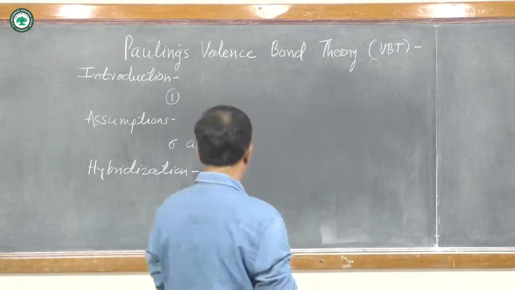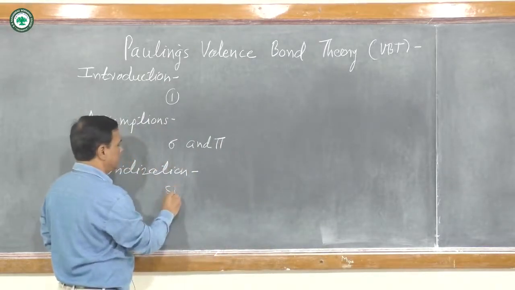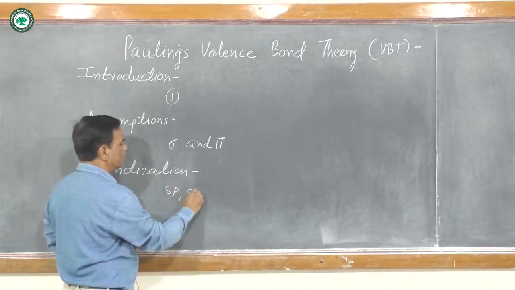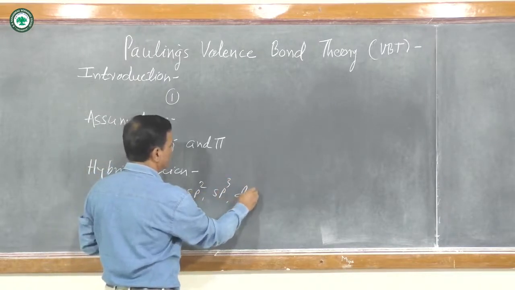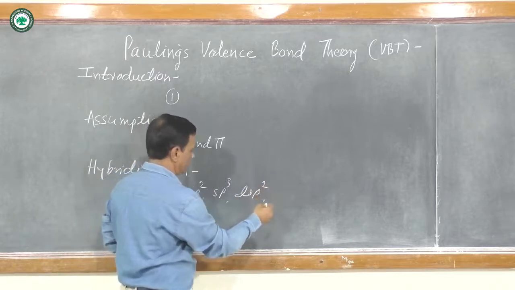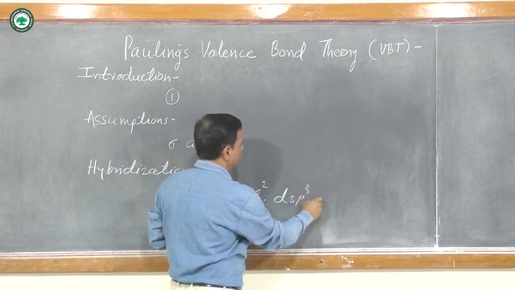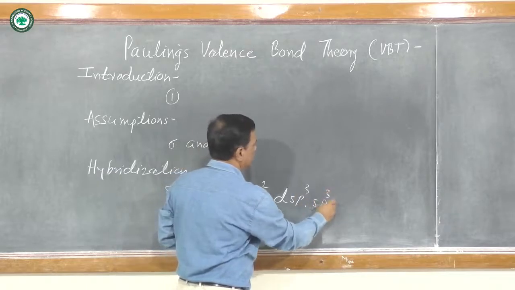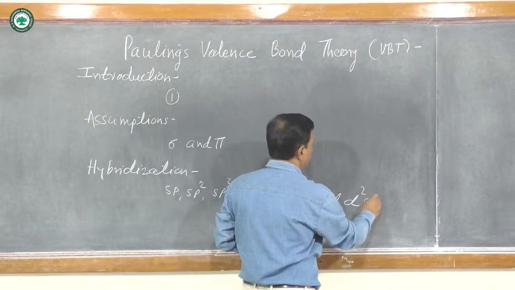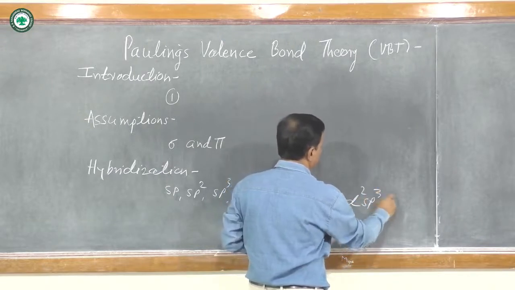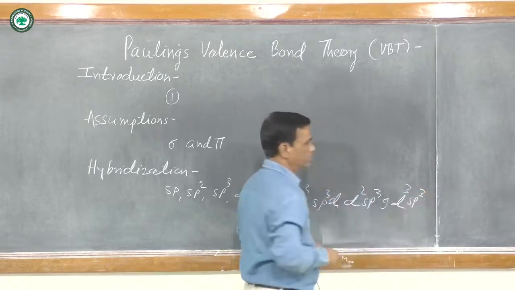Various types of hybrid orbitals are formed by the central metal atom or ion in hybridization, and these hybrid orbitals are sp, sp2, sp3, dsp2, dsp3, sp3d, d2sp3, and d3sp3.